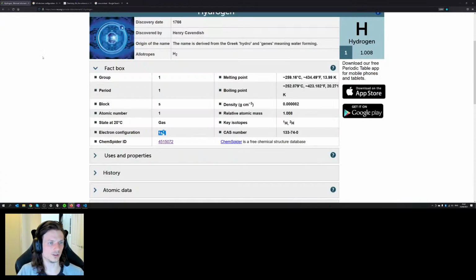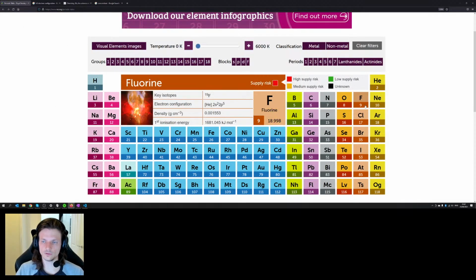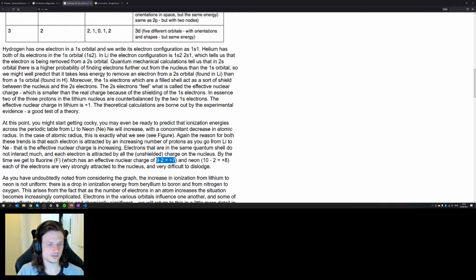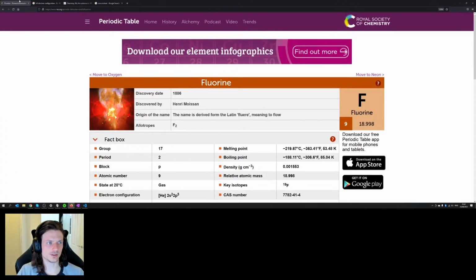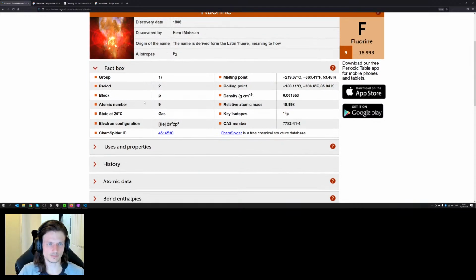Fluorine, yeah. It's saying the numbers 9, 2, and 7. So the 9 comes from the atomic number, the 2 comes from the, not sure where they come from.